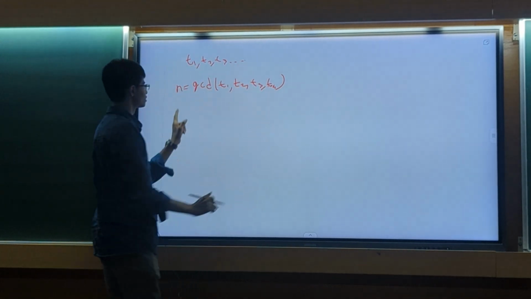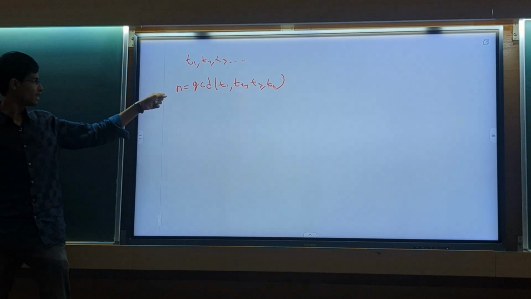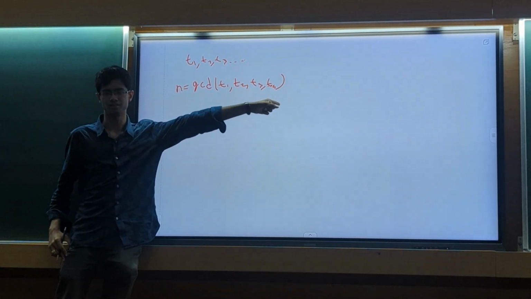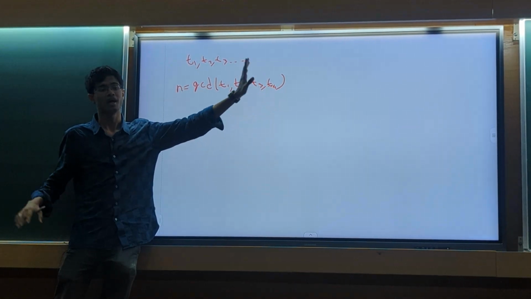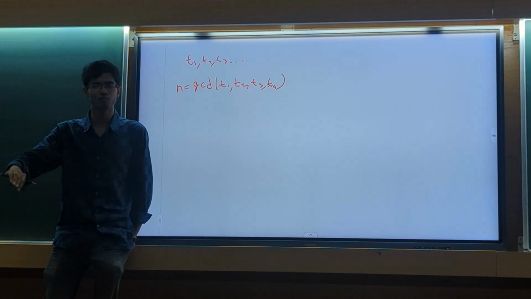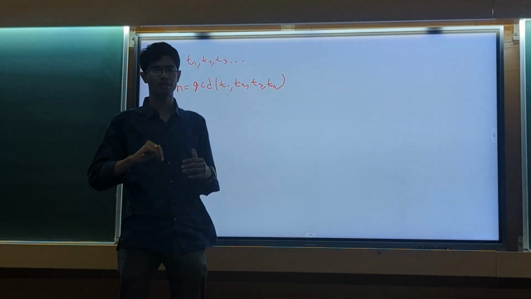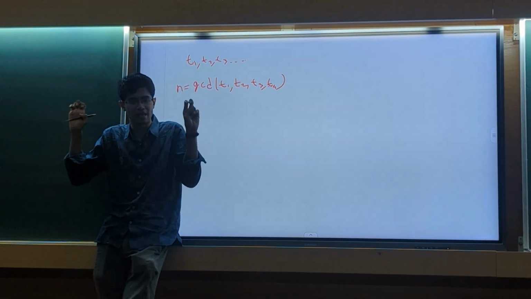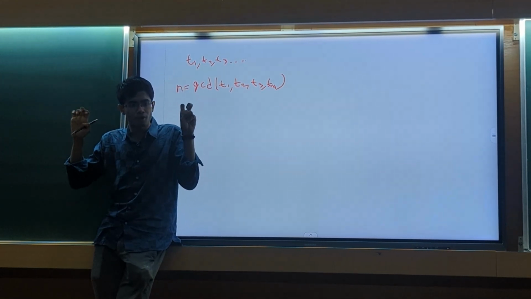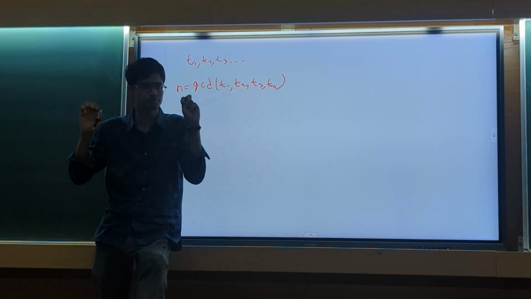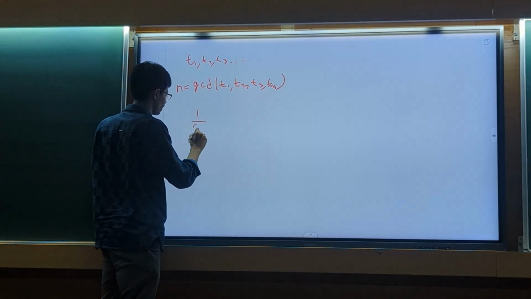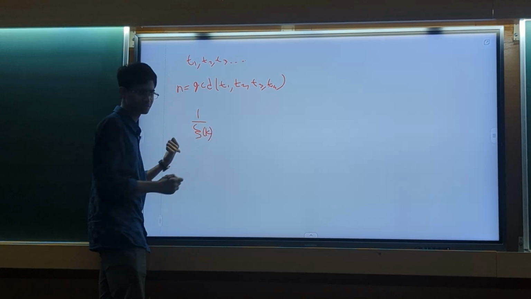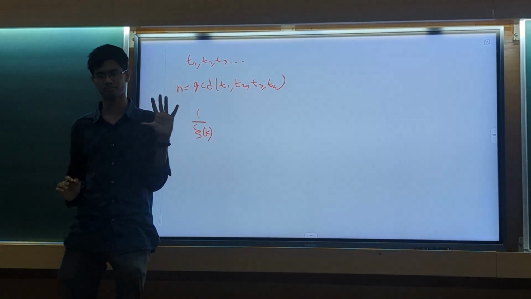And it turns out with high probability, n will be the GCD of all of them. In fact, this is something I'm not going to prove, but the whole idea is if you have k positive integers selected randomly, then the probability that the GCD is 1 is given by 1 by zeta of k, where zeta is the Riemann zeta function.